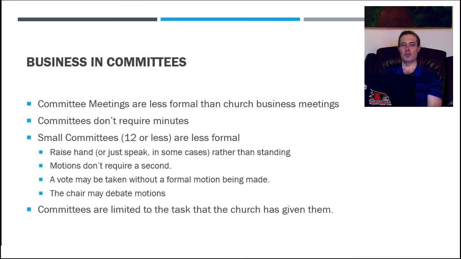Now, there is a limit on what you can discuss. Committees are limited to the task the church has given them. So if you are on a building committee, you need to be discussing the building.